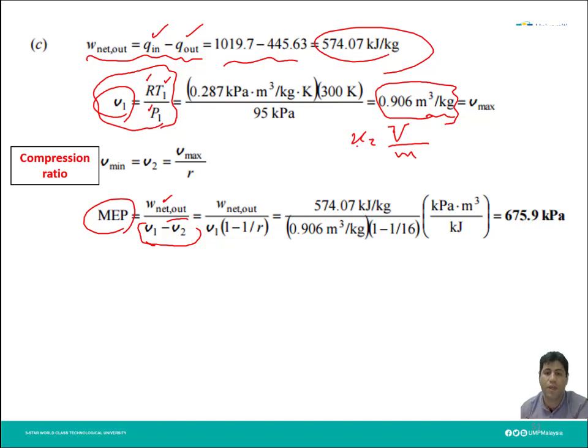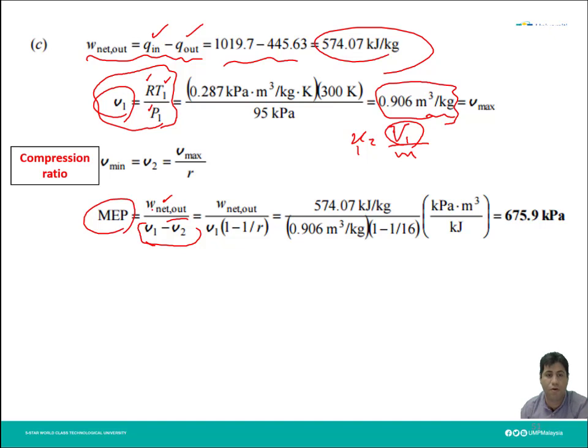So little v1 will be equal to capital V1 divided by M. M is constant. So if we have M, we can calculate the volume and then use the equation to find MEP.